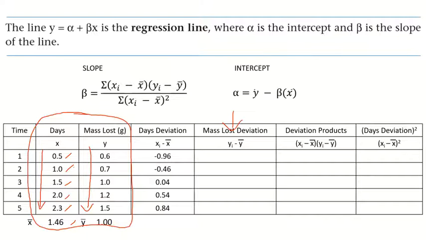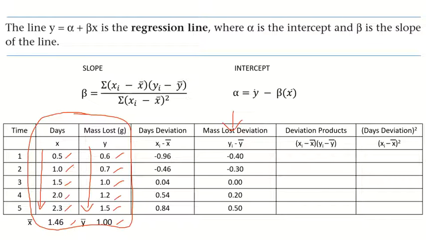So we have 0.6 minus 1, that's negative 0.4. And then 0.7 minus 1, that's negative 0.3. And then 1 minus 1, that's 0. And then 1.2 minus 1, that's 0.2. And 1.5 minus 1, that's 0.5.